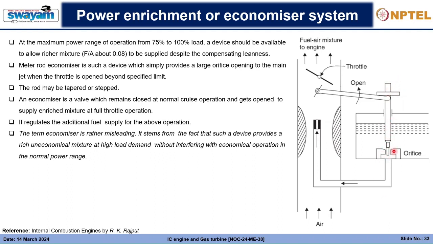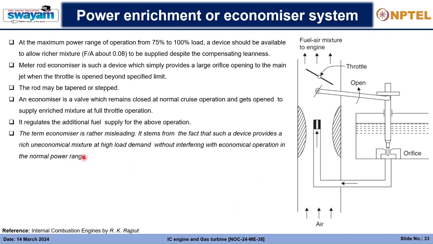This lever is connected to an orifice which supplies fuel to the venturi, and when this orifice opens, a higher amount of fuel will be supplied. Accordingly it regulates the additional fuel supply for higher percentage load.